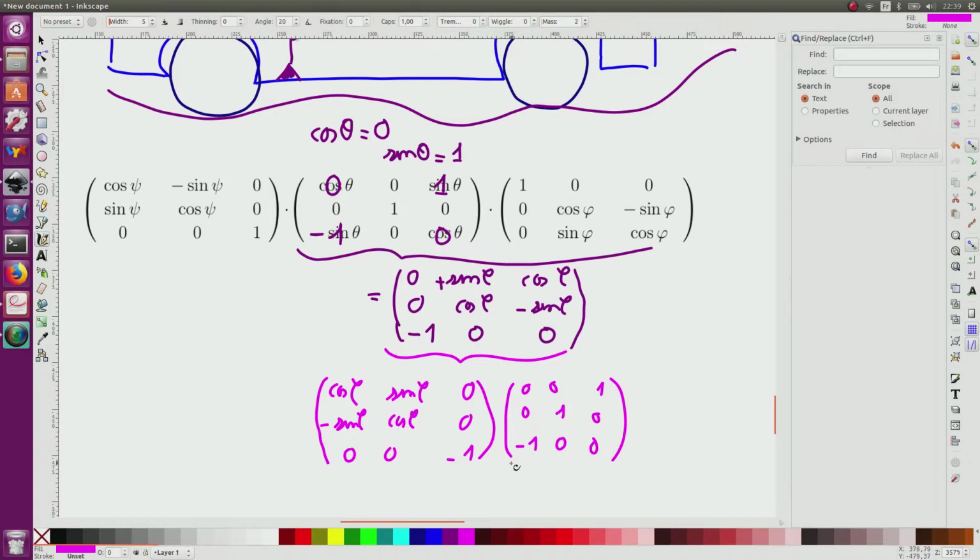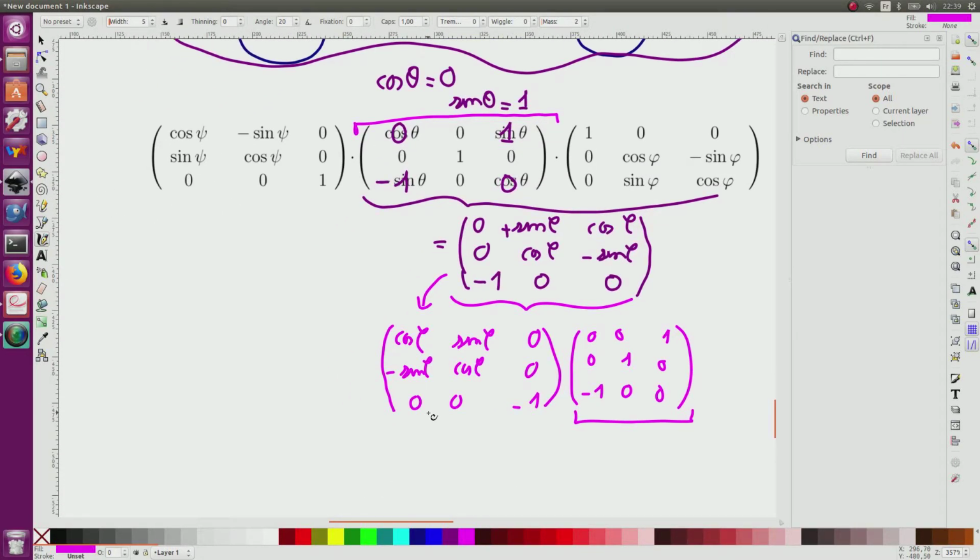In fact, this matrix is equal to this matrix. Since it is multiplied on the right, I obtain directly this one from this one by changing the order of the columns.